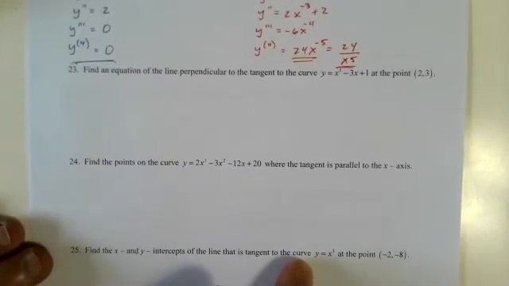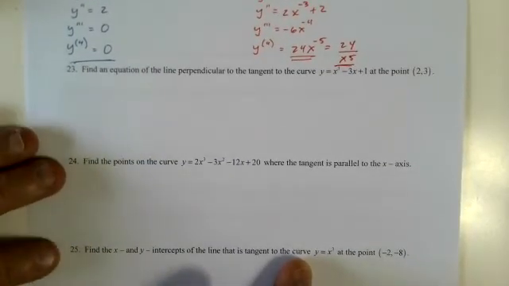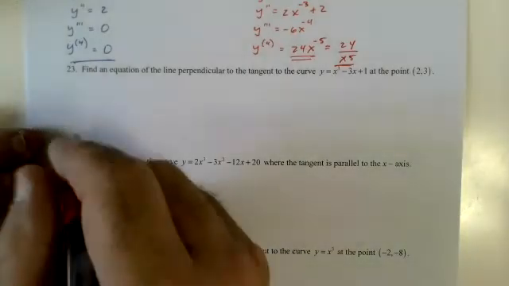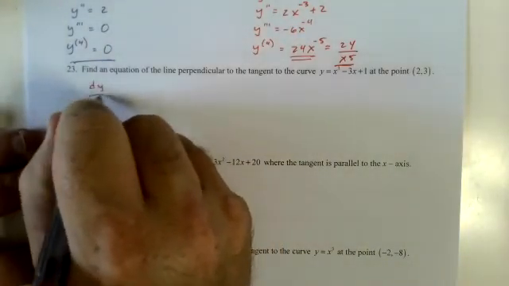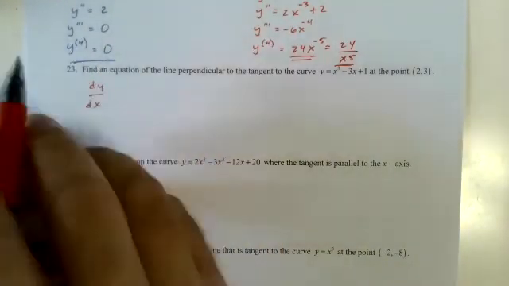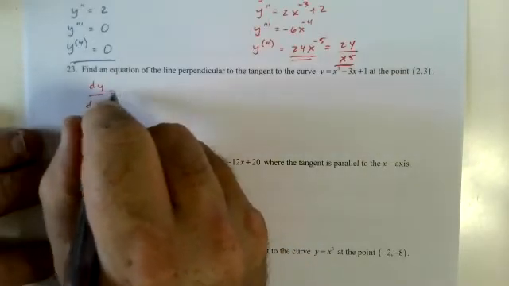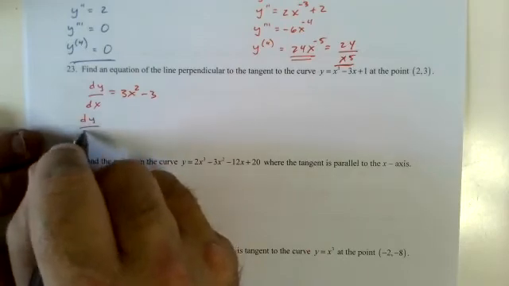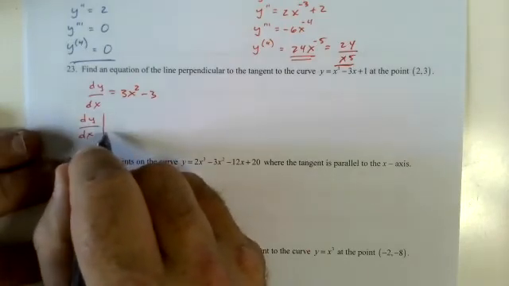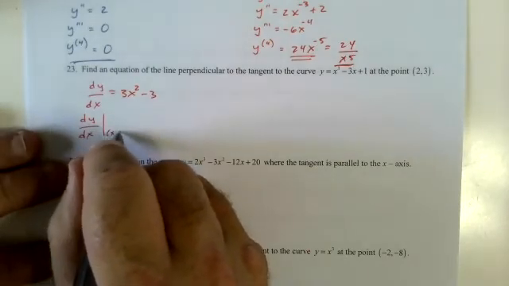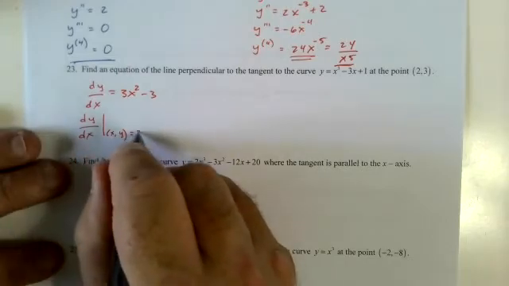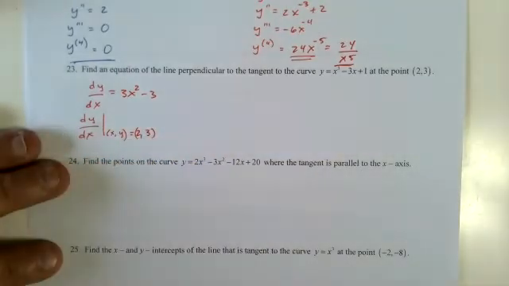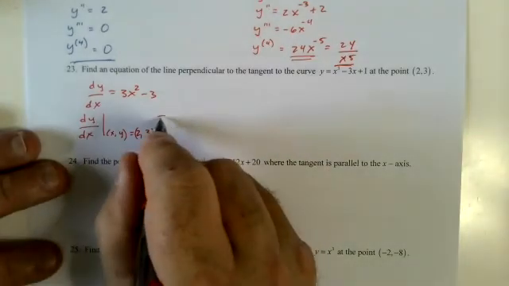I'm going to go to line perpendicular to tangent of the curve at the point 2, 3. Hey, they actually give it to us. Isn't that nice? dy dx. Yeah, I did y prime up here. That's the end of that. I'm just kidding. It doesn't really matter. 3x squared minus 3 dy dx. Now, they actually gave me a point of 2, 3. I don't think I need the parentheses over here. Never sure how they write it. It doesn't really matter that much.